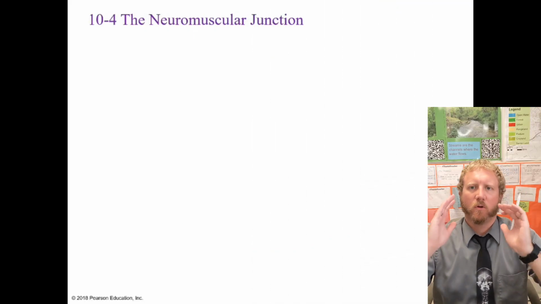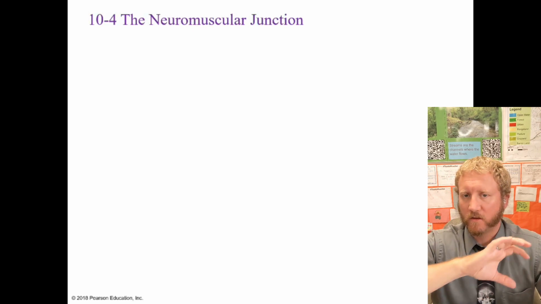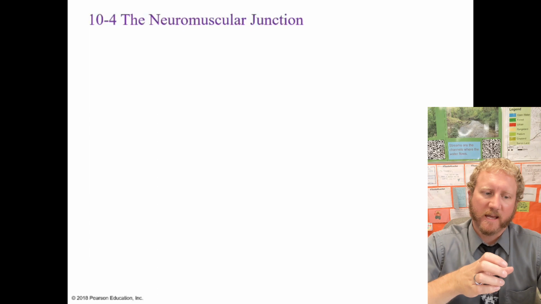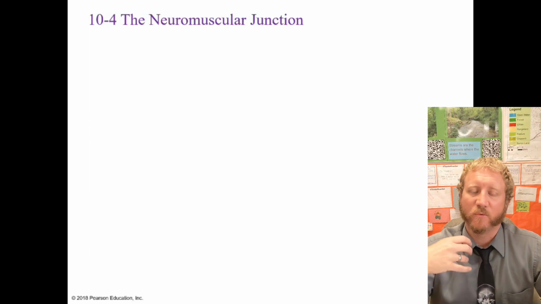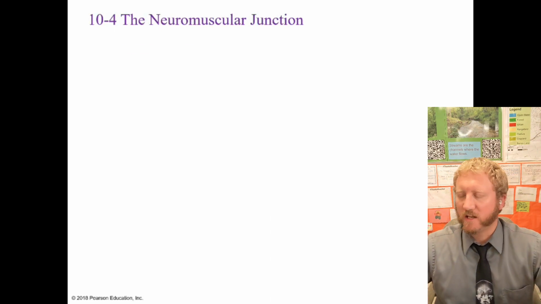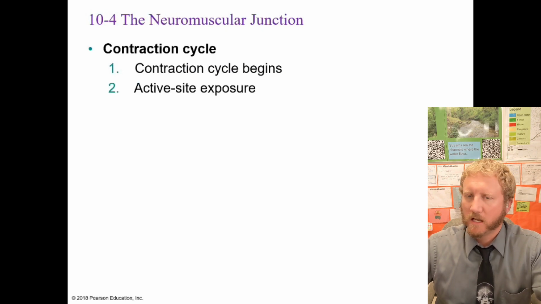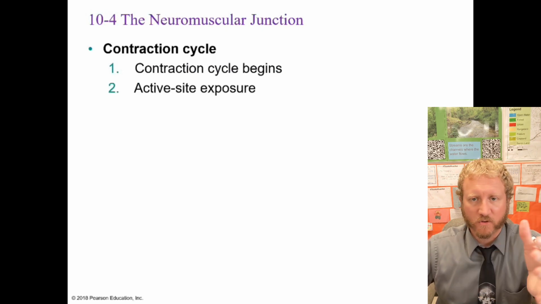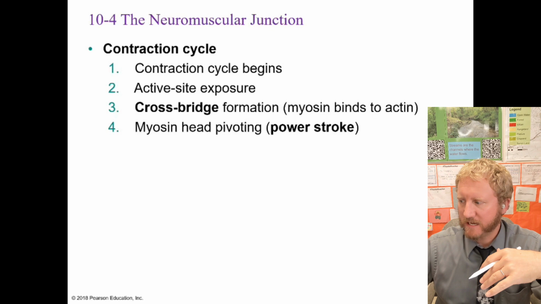Okay, so once we have sent the electrical signal down the neuron, we have moved into the muscle cell, and we have started that contraction cycle that I just mentioned. Now we get into the actual cycle. The cycle begins with active site exposure. Then we have the formation of cross bridges: myosin is going to bind to actin.